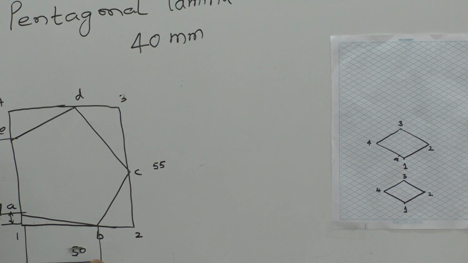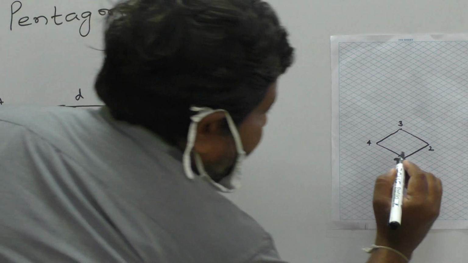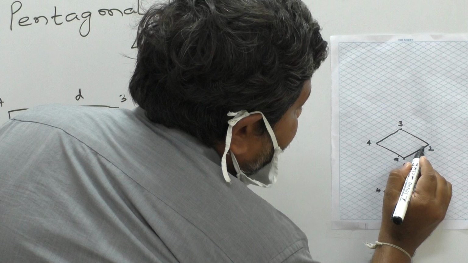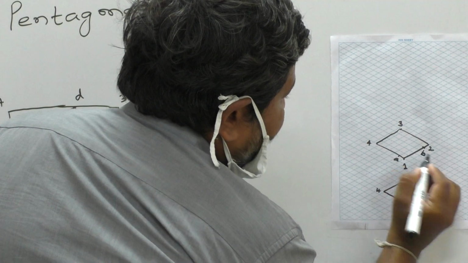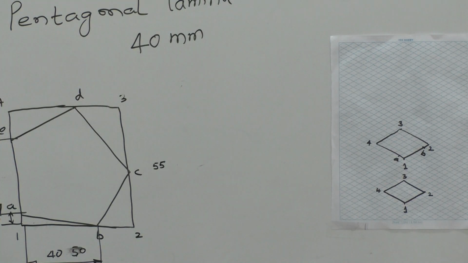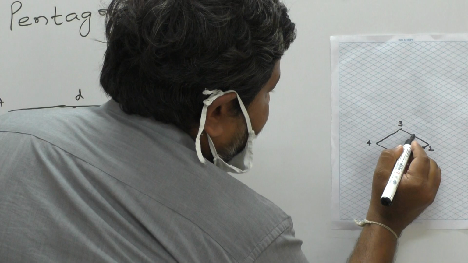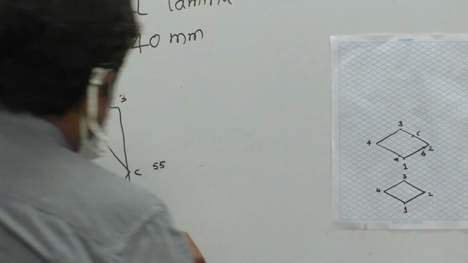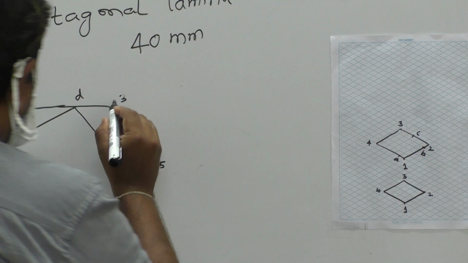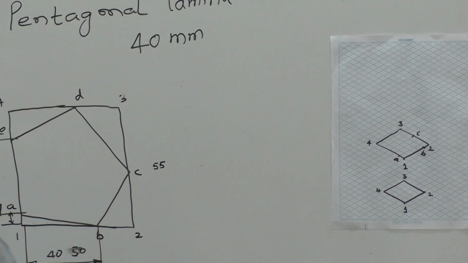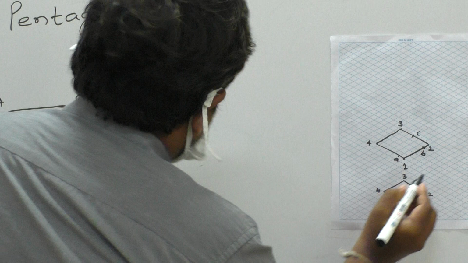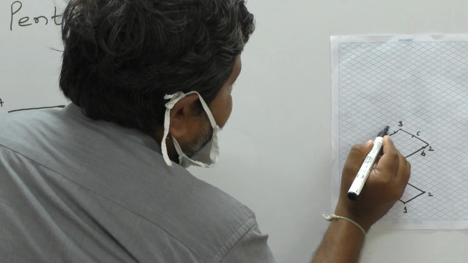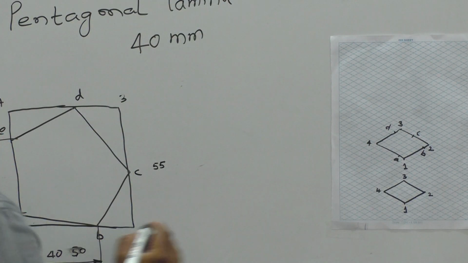Suppose this dimension measures 40 millimeters, so I have to take 1, 2, 3, 4 units on the iso sheet and mark the corner B. Similarly, mark C on the line 2 to 3, and corner D on the line 3 to 4. So this is my D, and locate the E.